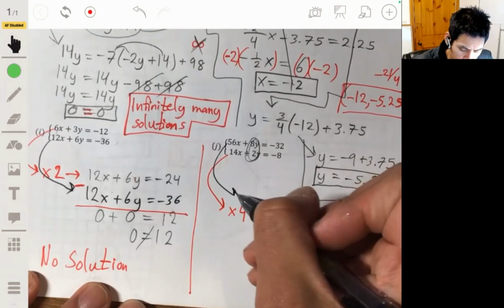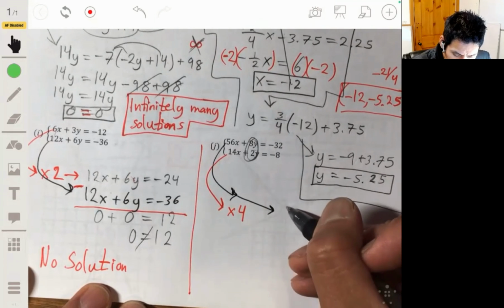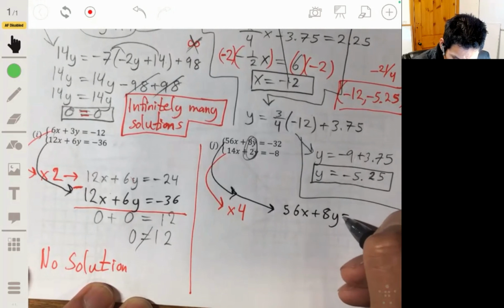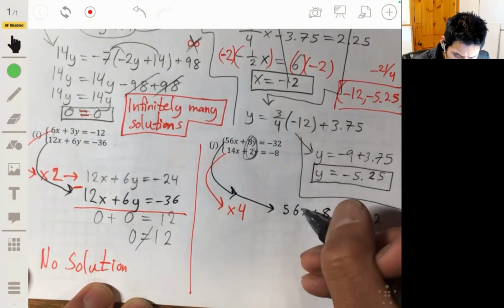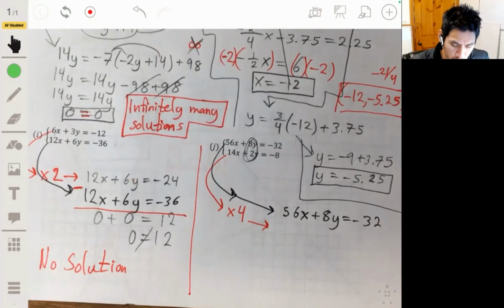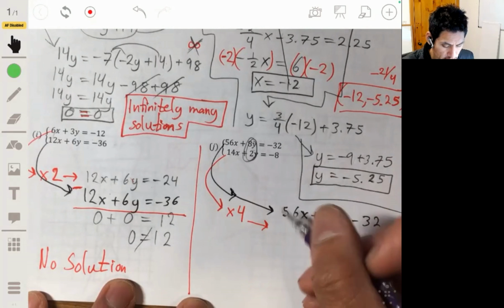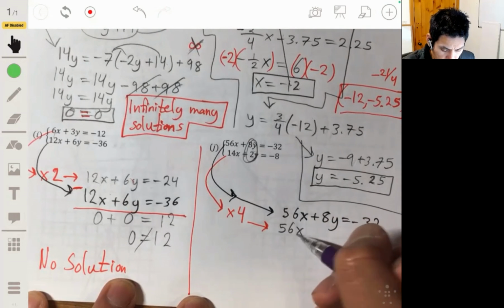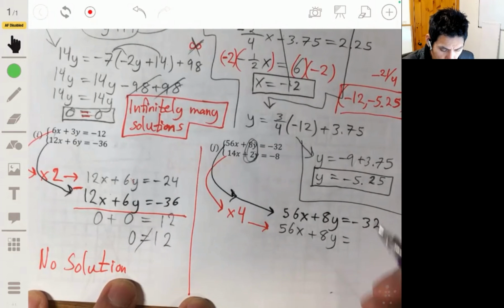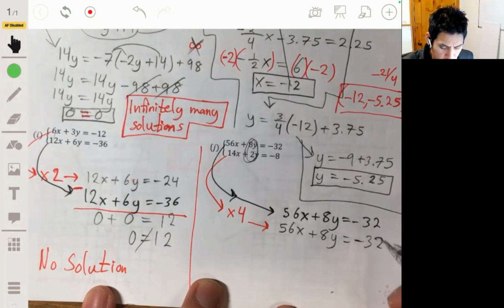So 56x plus 8y equals negative 32. The bottom one, when you multiply by 4, you get 4 times 14x, 56x. 4 times 2y, 8y. 4 times negative 8, negative 32.